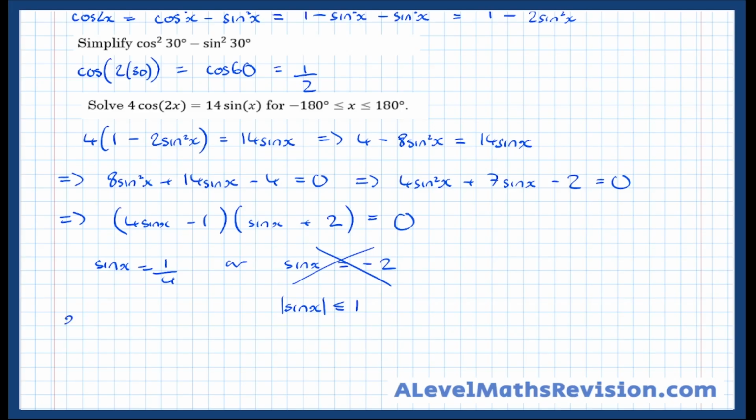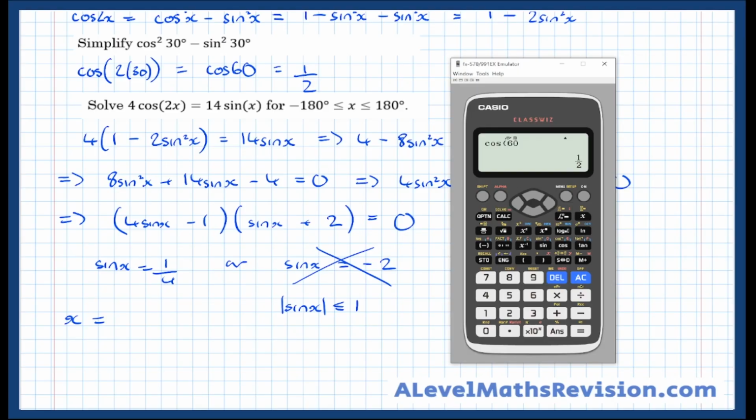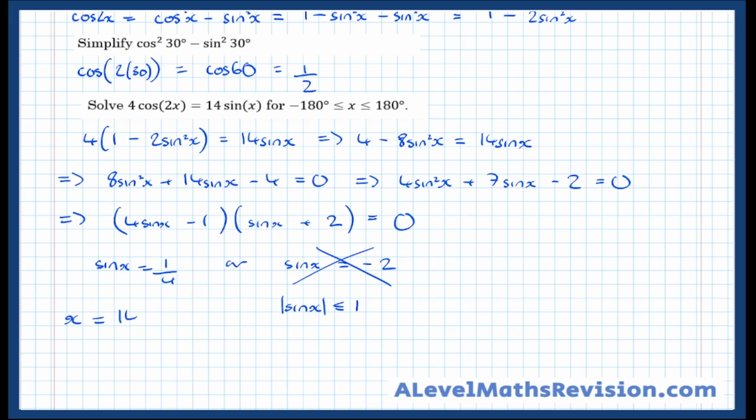So now inverse sining both sides, we get x equals the inverse sine of 1/4. So it's in degrees mode, I can see. So inverse sine of 1/4, which gives us 14.4775 degrees.